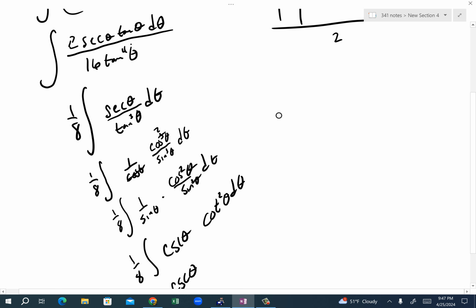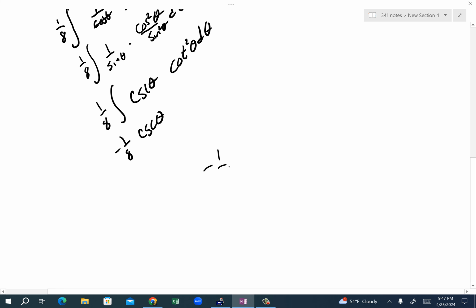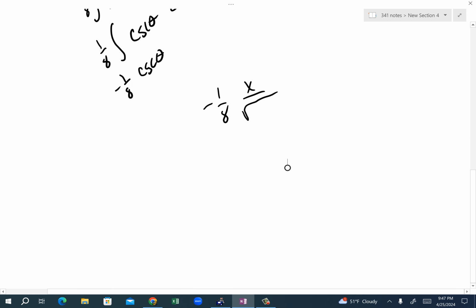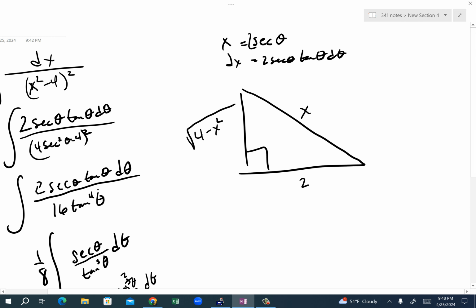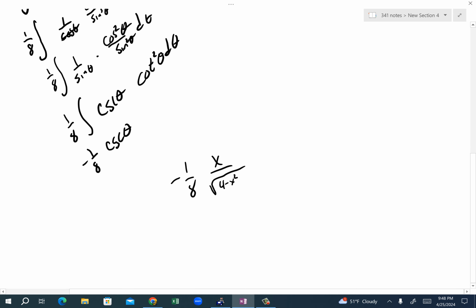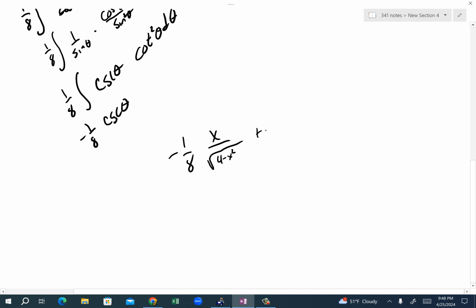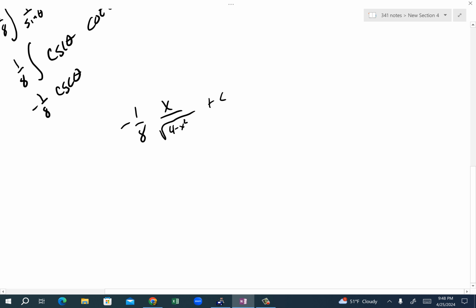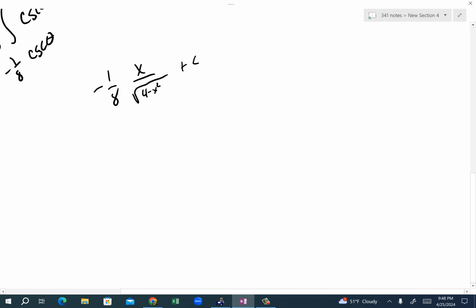So that'd be x over, so it'd be negative 1/8 x over the square root of 4 minus x squared. Okay, and then you can see if that's right, I guess.